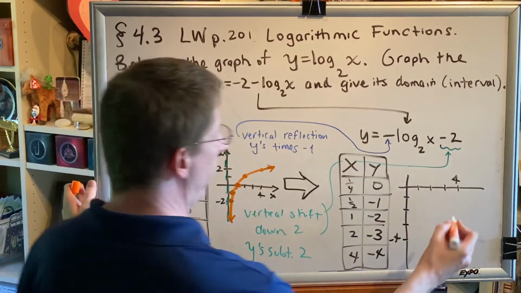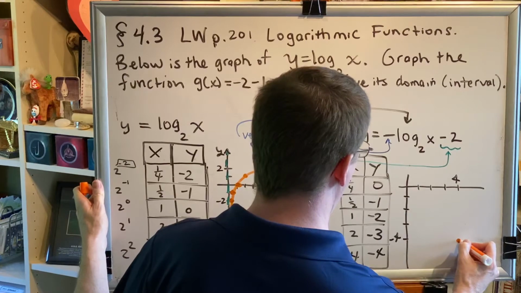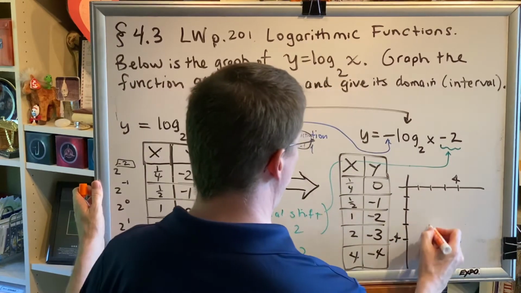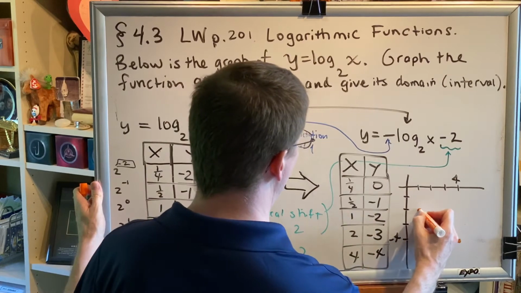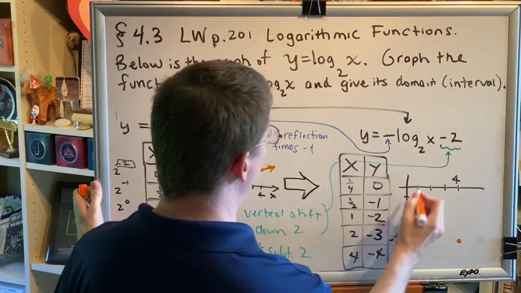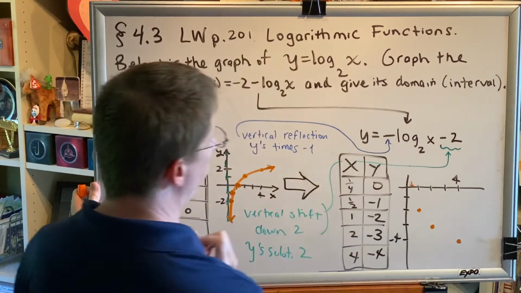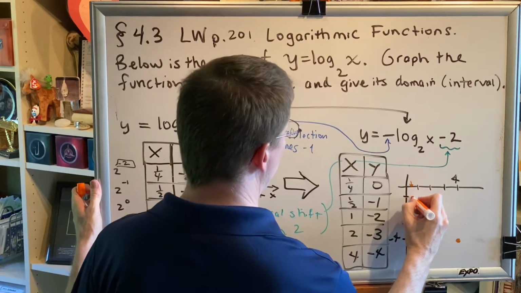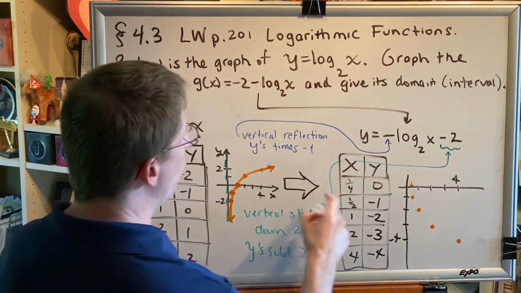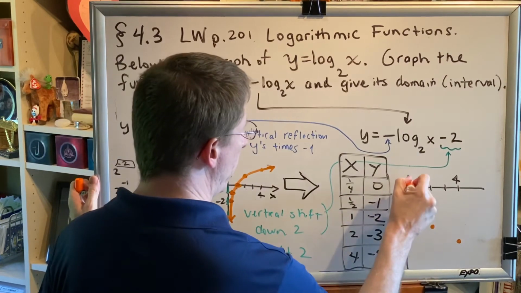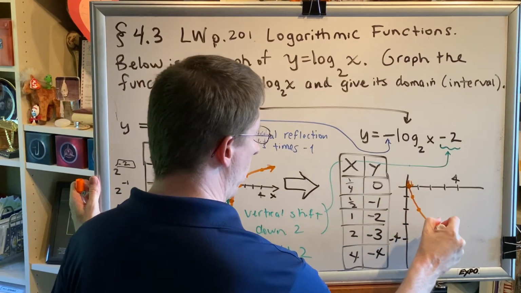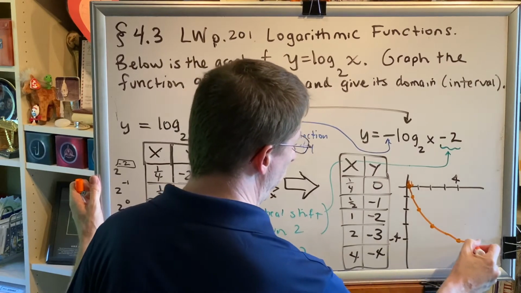So first 4, -4. That would be right here. Next, 2, -3, which would be here. 1, -2, which would be here. Half, comma, -1. Well, there's half for the x. And then we go down to a height of -1. Quarter 0, so that would be here. And then when we connect all the dots together, we get our logarithmic curve.